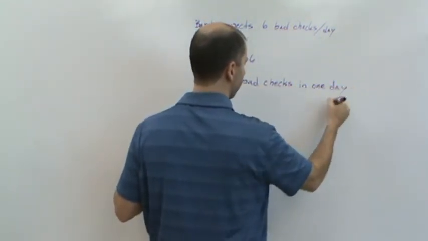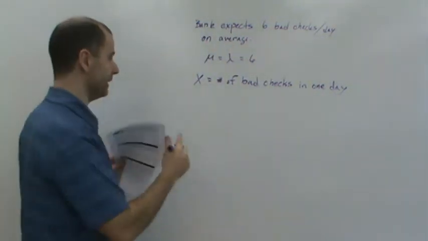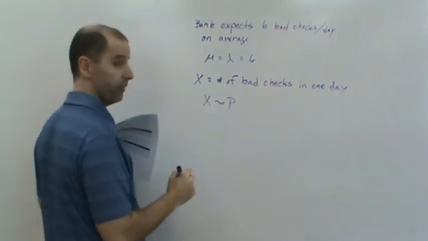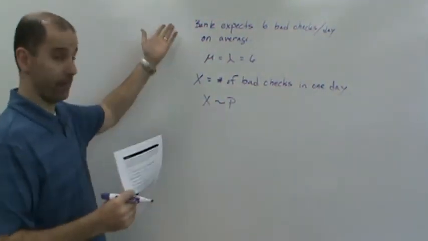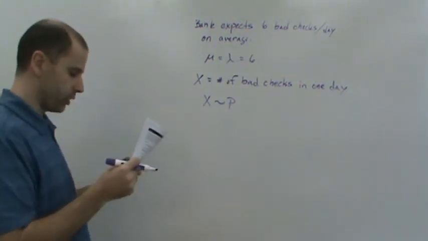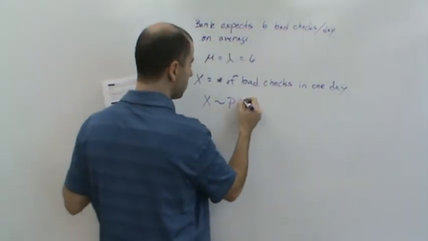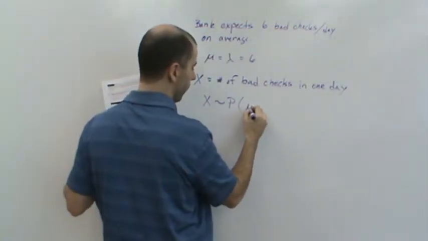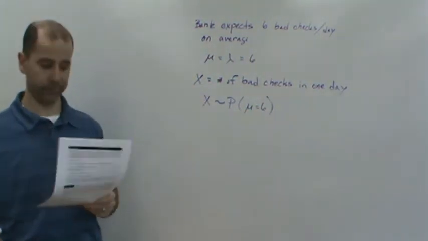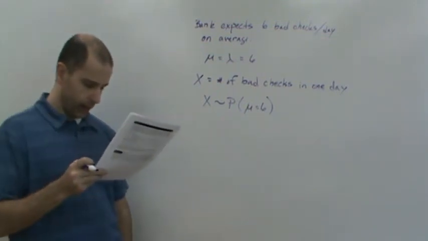Let's just say it that way, okay? Okay, so x, in this case, is going to be a Poisson random variable, okay, because the scenario fits the conditions. So it's a Poisson random variable. And what's the parameter? Well, 6. So it's going to be P(6). So now, let's see.